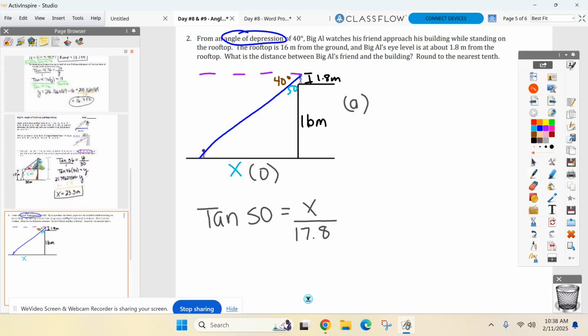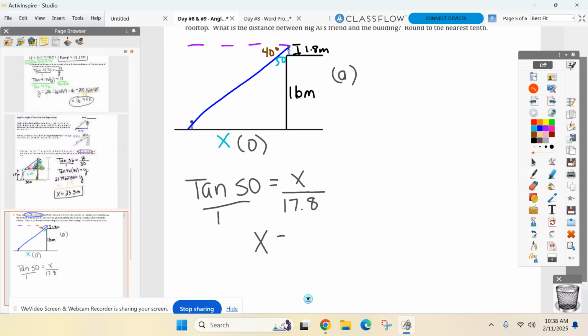If you use tangent of 40, it would be 17.8 over x. Cross multiply. Quick scan. I don't need to convert anything. Just round to the nearest tenth. 21.2 meters.